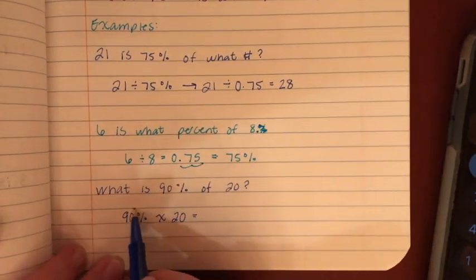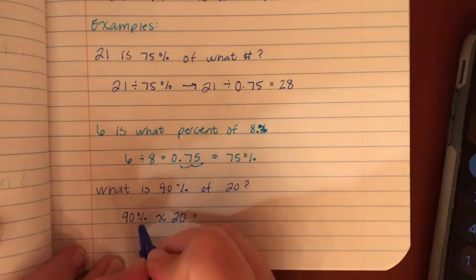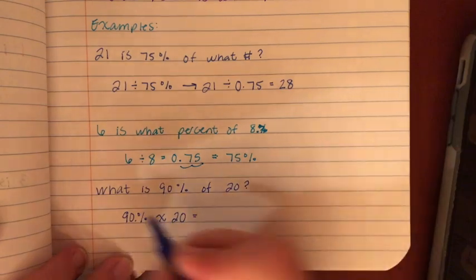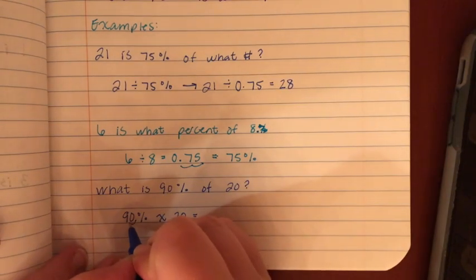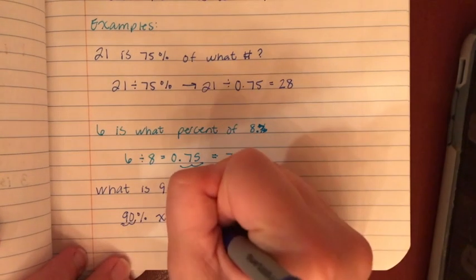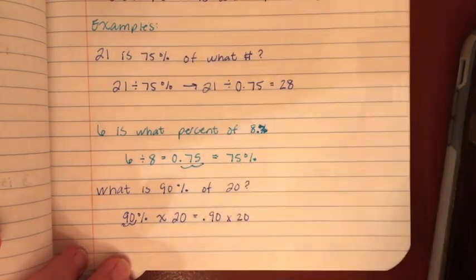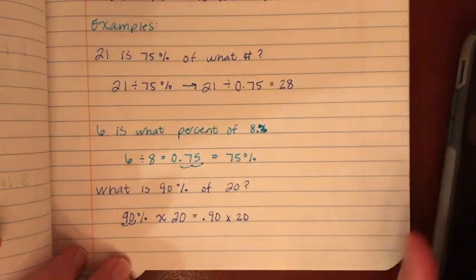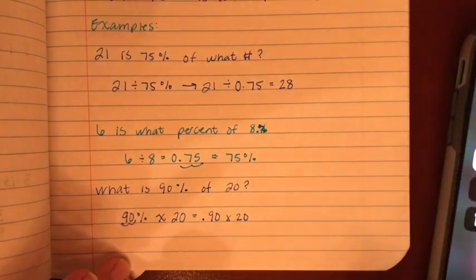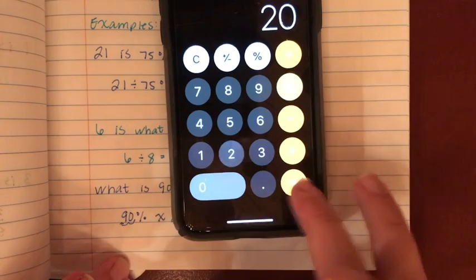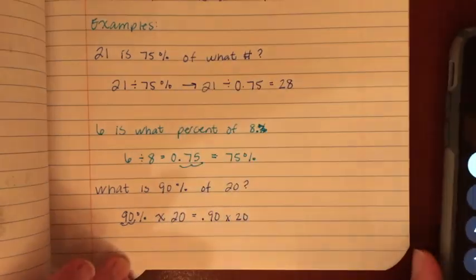So here, again, I cannot multiply a decimal, so I start at the end, or if there already is a decimal, I'd start at the decimal, but since there isn't, we start at the end, and I'm going to move it in twice. So I get 0.90, or just 0.9, times 20. And if I use my calculator, 0.9 times 20, 18.